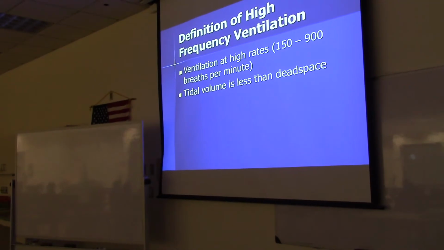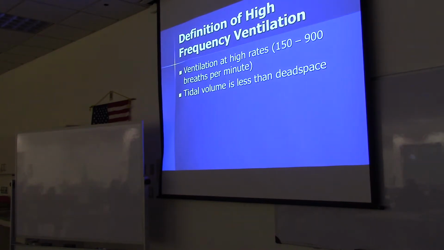When we're talking about high frequency ventilation, we're talking about ventilation at rates of greater than 150 times a minute, all the way up to 900 breaths per minute. So to get air in and out that fast, obviously it has to be really small volumes.